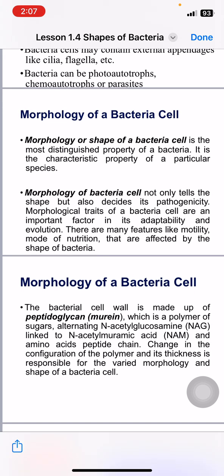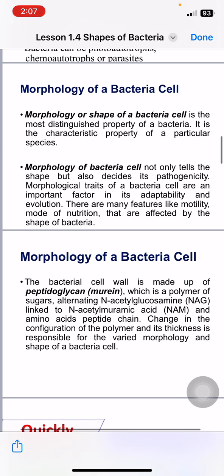There are, I think, two explanations or two discussions pertaining to morphology or the formation. The morphology or the shape of bacterial cell can be distinguished by its property. Meaning to say, not only the shapes or the illustration itself, but we can determine the formation of the bacteria by the characteristics of the property of a particular species of the bacteria.